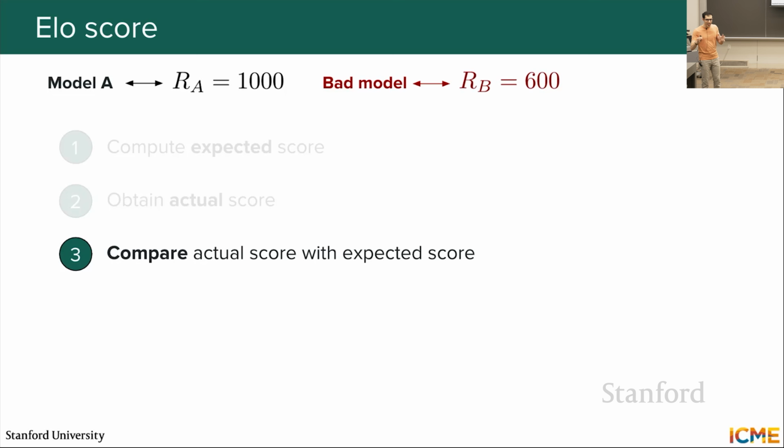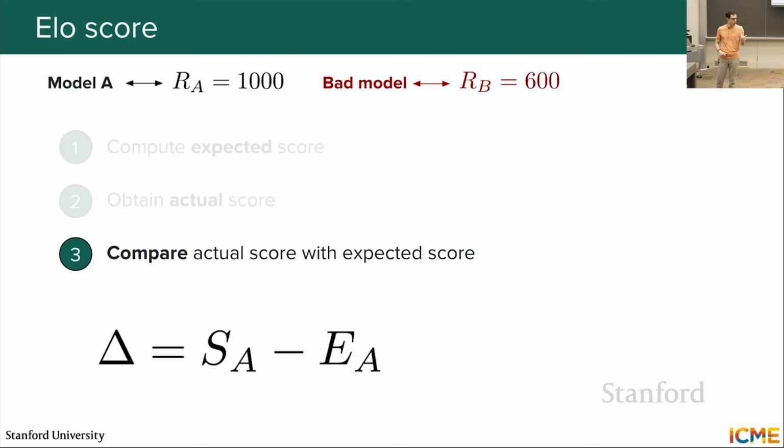And the idea is to use these two quantities, the expected score and the actual score, to compute your element of surprise, like how much you went above or how much you went below. And here it would be delta equal to the actual score that you obtained minus the score that you think you would have obtained on average.